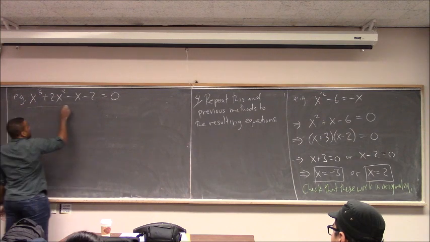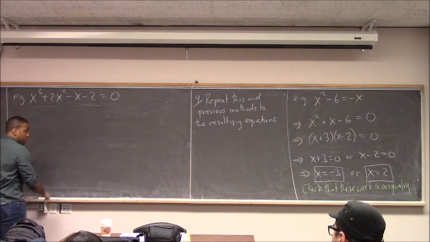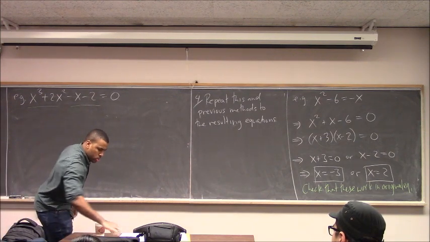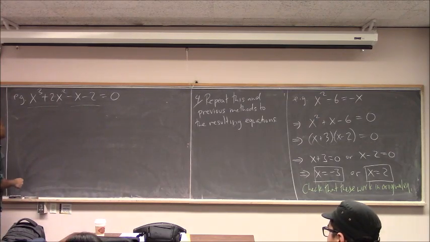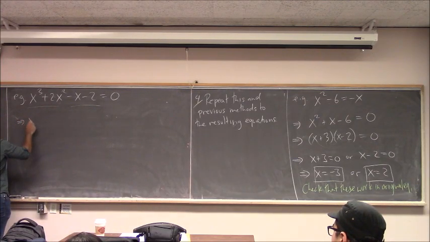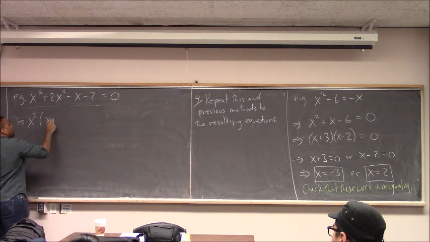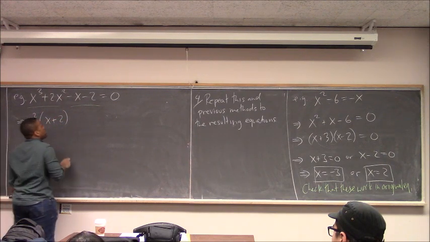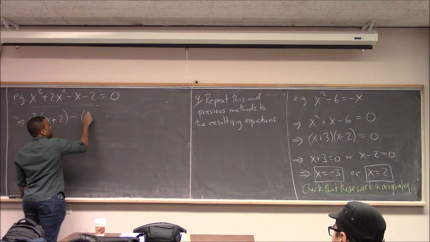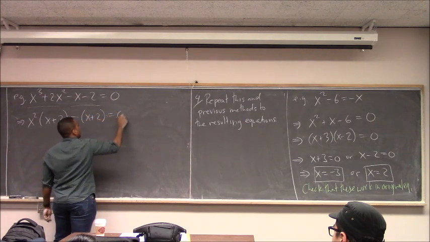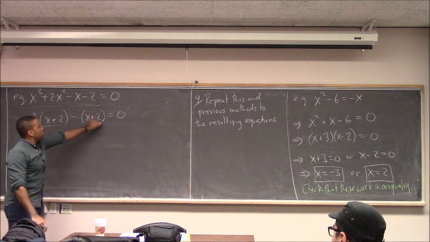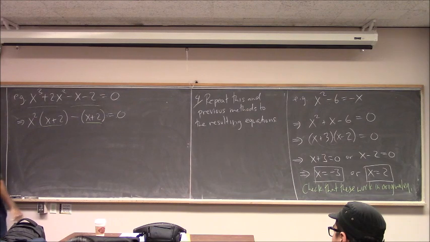I'll think of these 2 pairs together, and what would I factor out? X squared is the GCF over here, and over here, we'd factor out -1. I'll notice that x plus 2 is left over in both situations, so that's a common term, and I can factor that out.